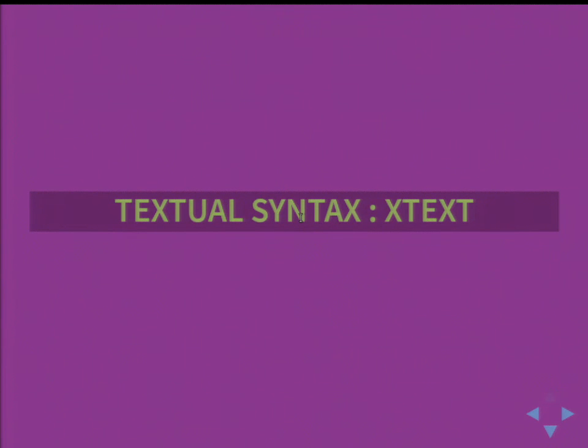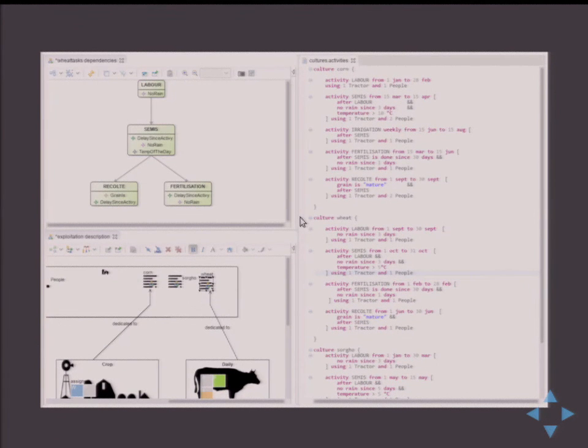The next Avenger. So what is more scary for developers than grammar and compilers? So that would be XText. So it's scary, but it's probably the most powerful Avenger out there, when you master it and you get over this scare. And in this case, as you've seen during the demo, it's been used for defining the activities language. And in such a use case, XText really, really shines.